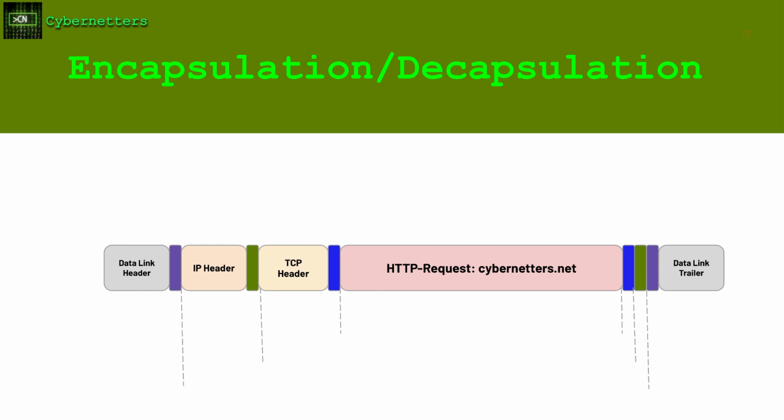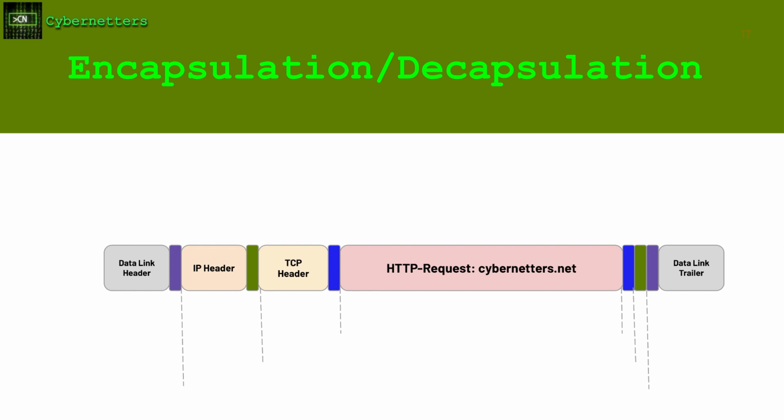And then you have the HTTP request, which is in red, which is the actual payload or data being transmitted. In this diagram, it is sending an HTTP request to Cybernetters.net, which is generated by the application layer.